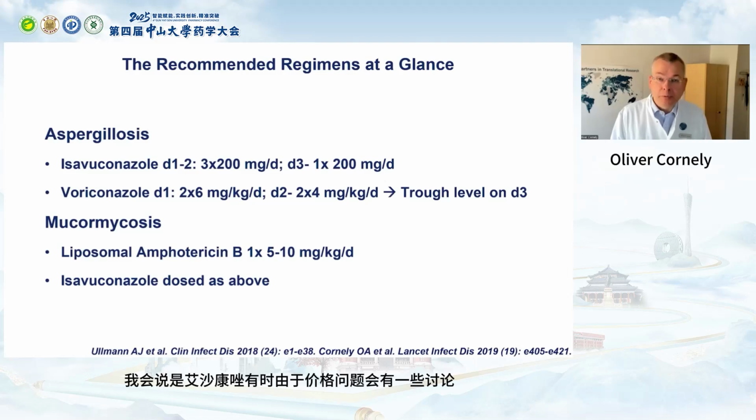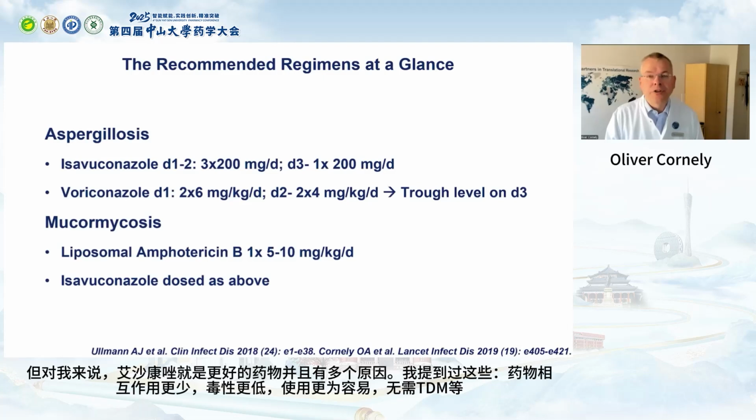And there are multiple reasons. I mentioned these: drug-drug interactions, less toxicity, and much easier to handle, no TDM, etc. So it is efficacy-wise similar to voriconazole, but in handling and in toxicity, it's the better choice.